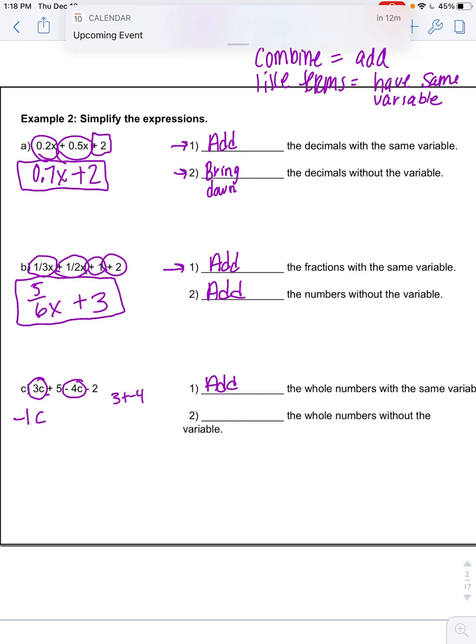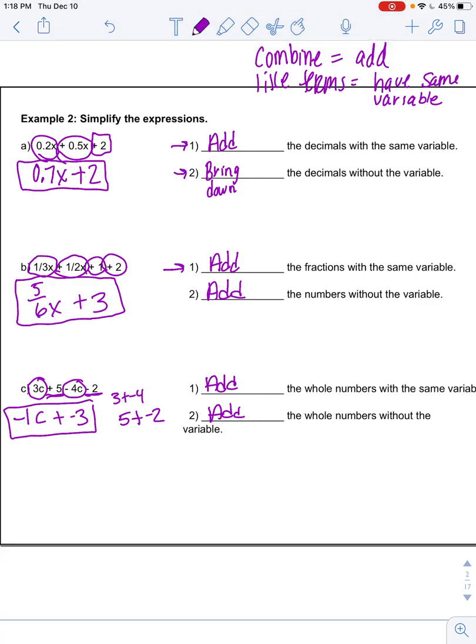Then our second step, we have a 5 and a -2, so we could also add those together to get -3. So we got -1c plus -3. We cannot combine -1c and -3 because -3 does not have a c with it.